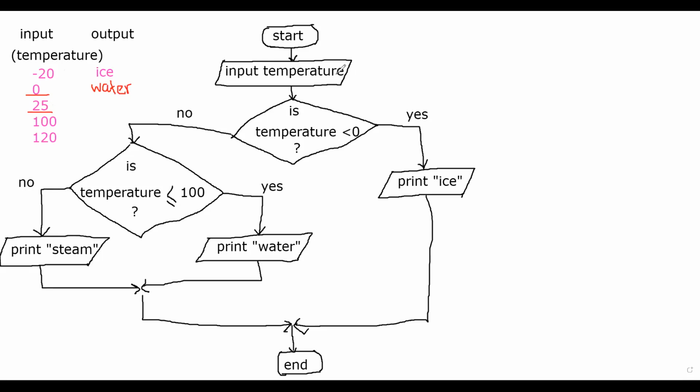So it's 25, right? So I'll put 25 here. So I'm checking whether 25 is less than 0. No, then it'll come out here. Then 25, is it less than or equal to 100? Yes. Then again it's water.